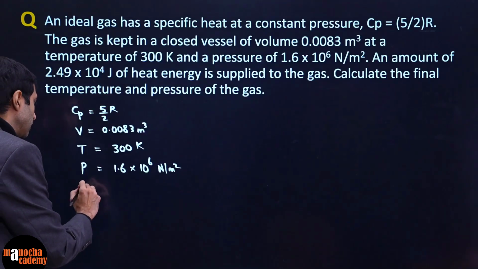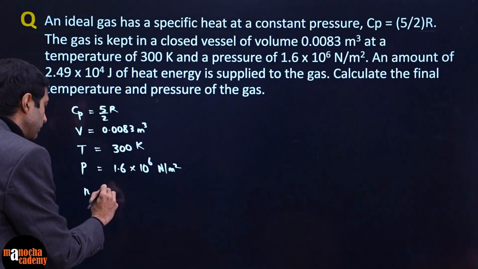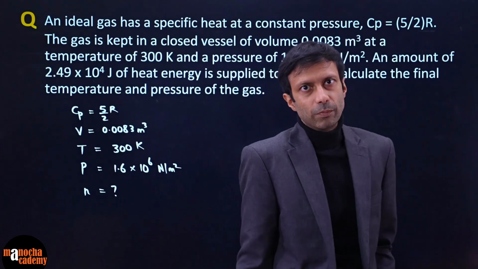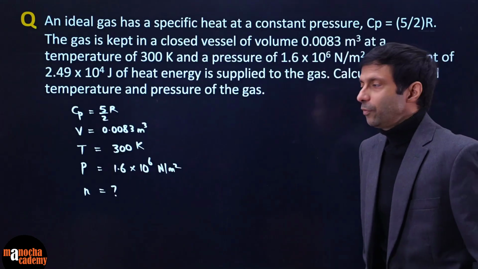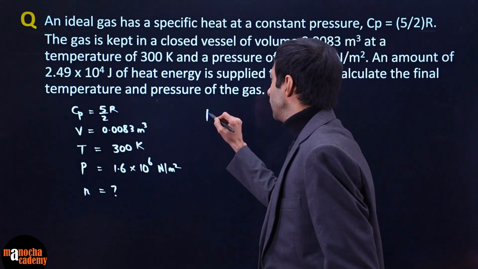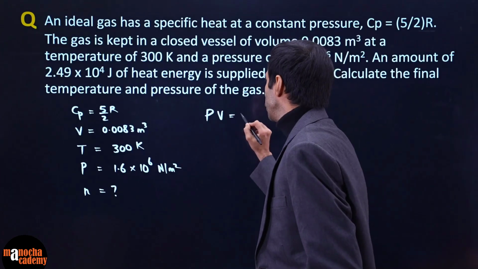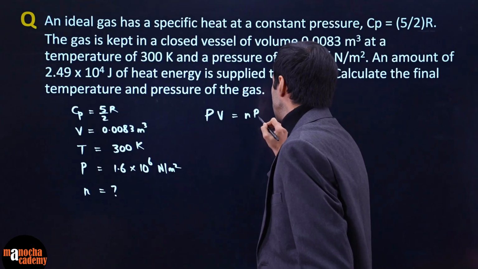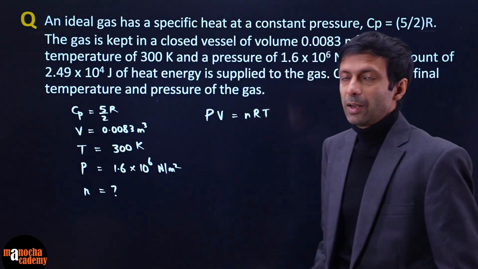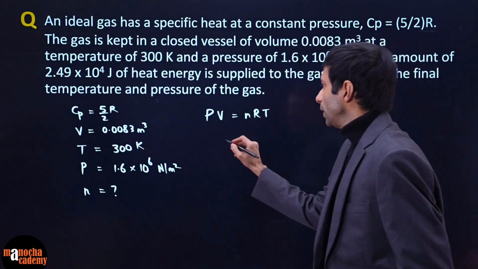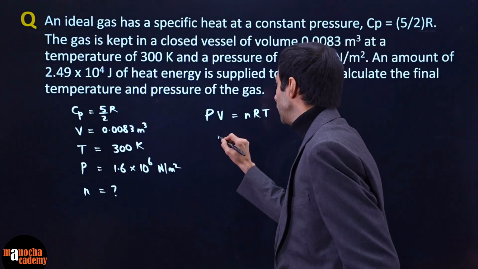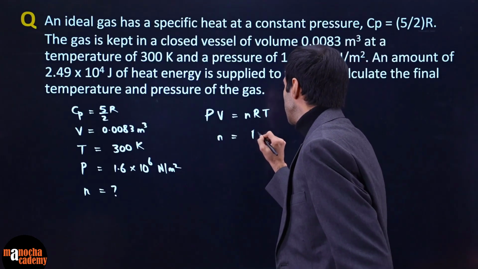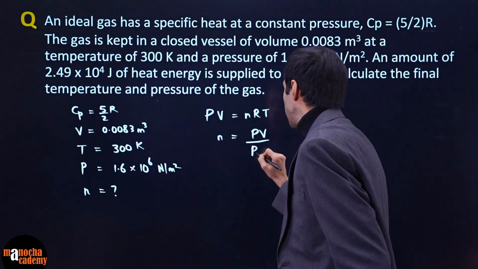Guys, have they given us the number of moles of the gas? Is the number of moles known? No. But we can use the ideal gas equation, right? PV equals nRT. This is a very important equation. We can use that to calculate the number of moles easily, because n is going to be PV divided by RT.